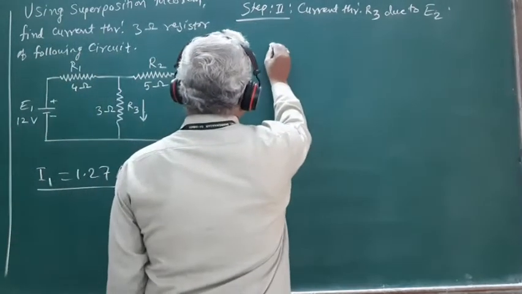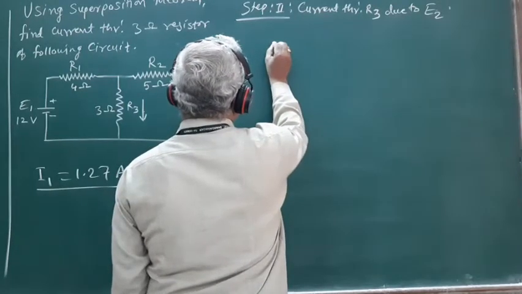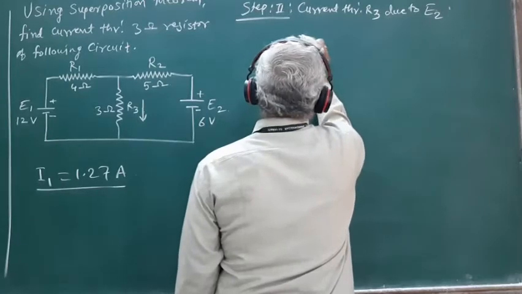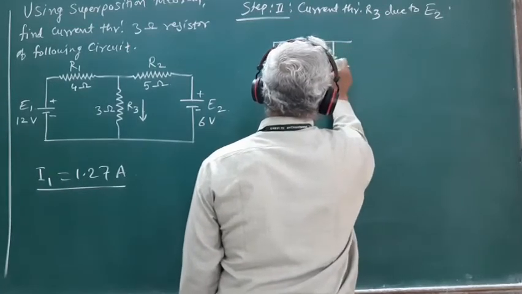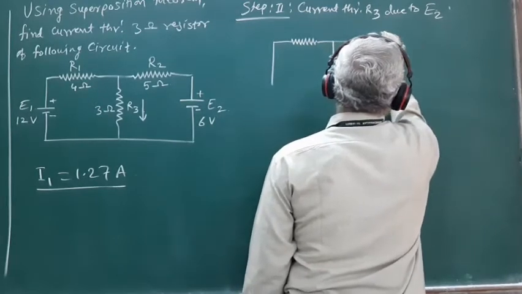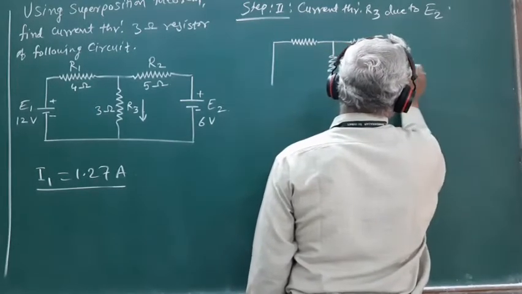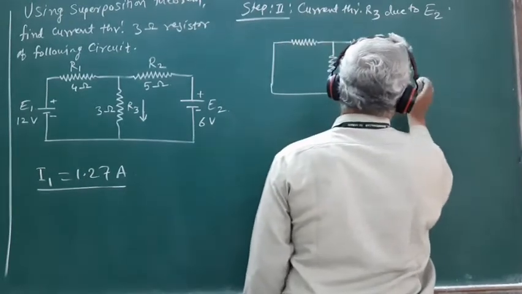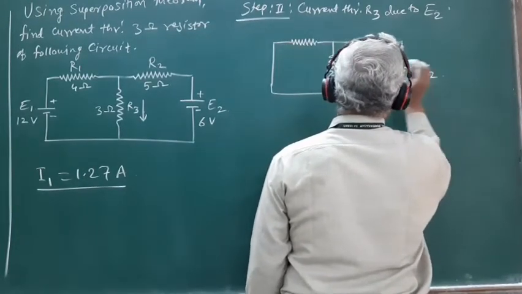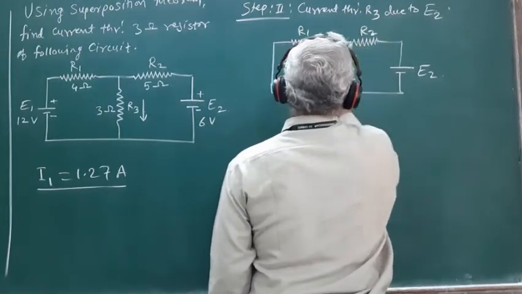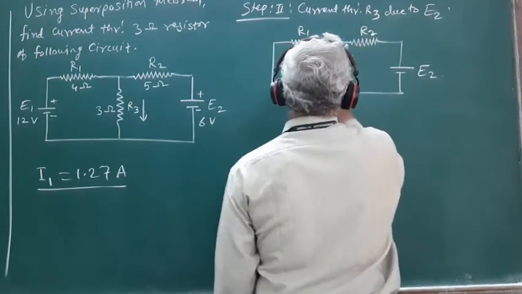So by short circuiting the source even for its EMF, the network will reduce to the form like this. This is E2, R1, R2 and R3.